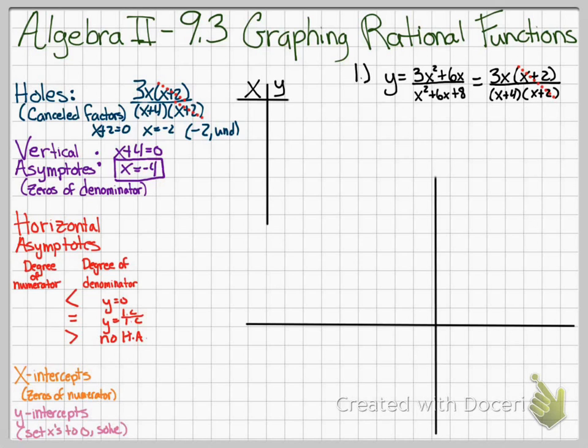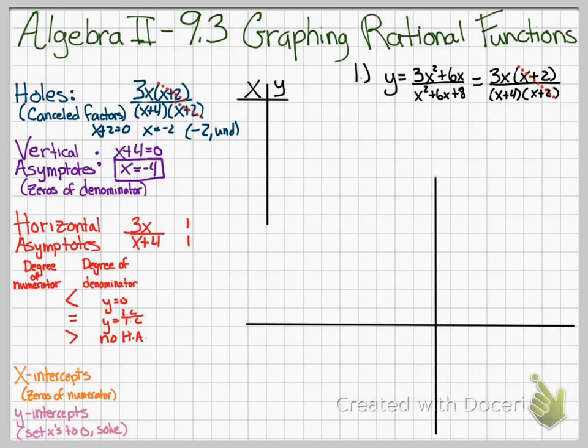So let's move on to horizontal asymptotes. So horizontal asymptotes tell us that we want to look for the degree of the numerator versus the degree of the denominator. And remember, again, we only have to care about what's left over. So the 3x and the x plus 4. So the degree on the top is 1, and the degree on the bottom is also 1. Because it's x to the first on the top and x to the first on the bottom.